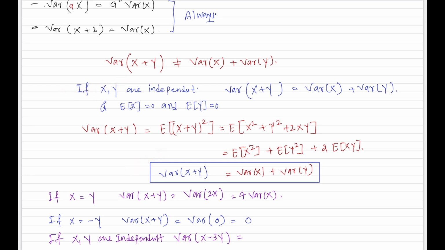That would be equal to the sum of their individual variances, and this will be equal to the variance of the random variable X plus 9 times the variance of the random variable Y.